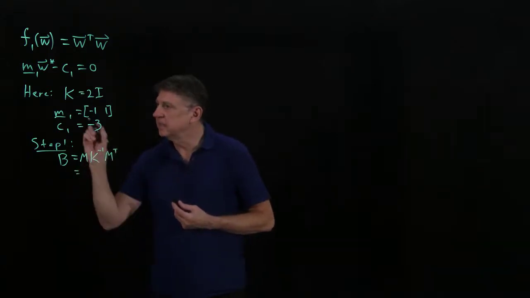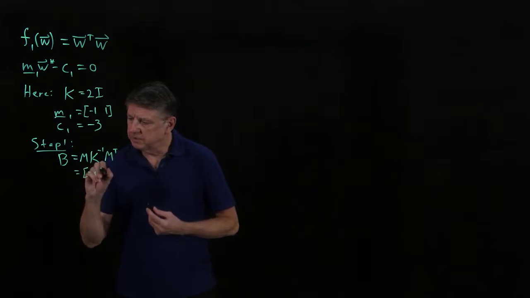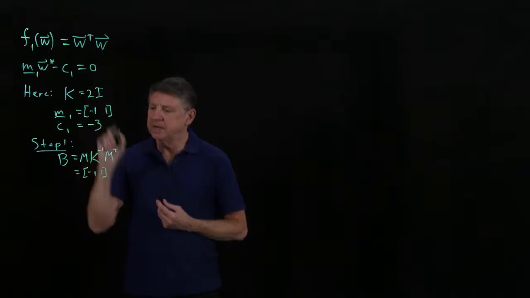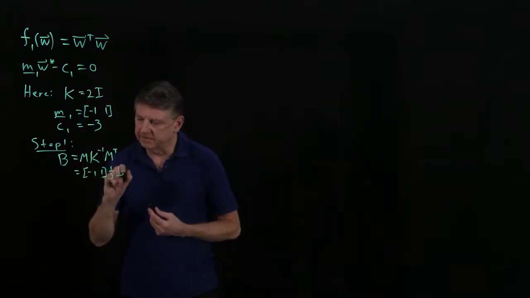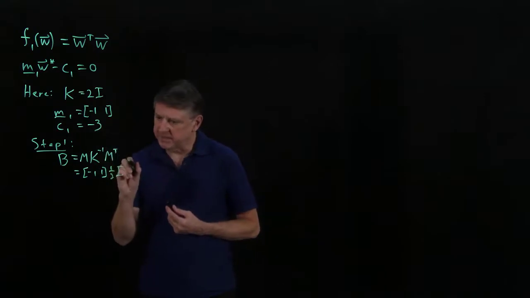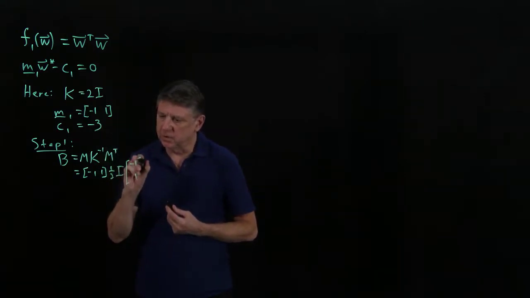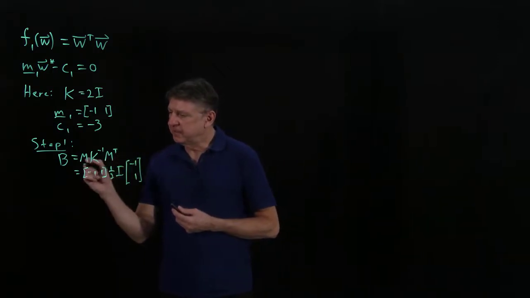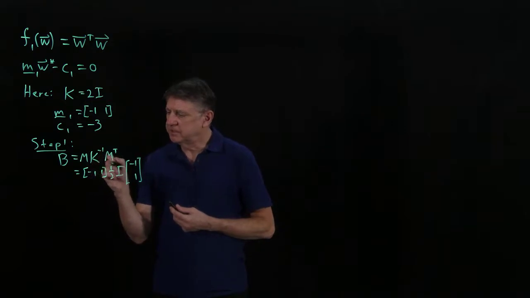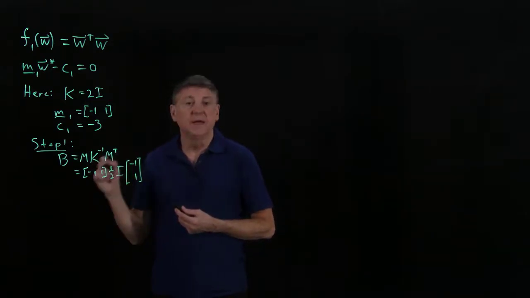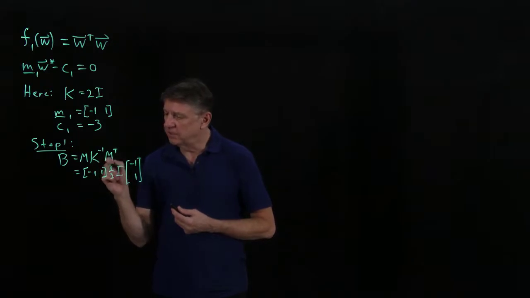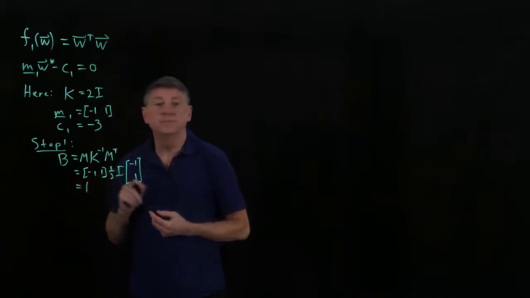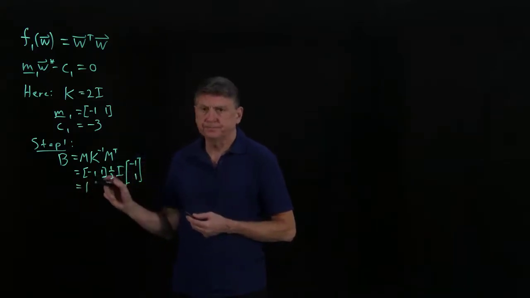So in our case, that is -1, 1 times the inverse of 2 times the identity, which is 1/2 of the identity, and then we transpose that so that we get the vector -1, 1. And when we go through this, the first entry will be -1 times 1/2 times -1 is 1/2, plus 1 times 1/2 times 1 is 1/2. So that will equal 1. So not the identity, it'll equal 1.